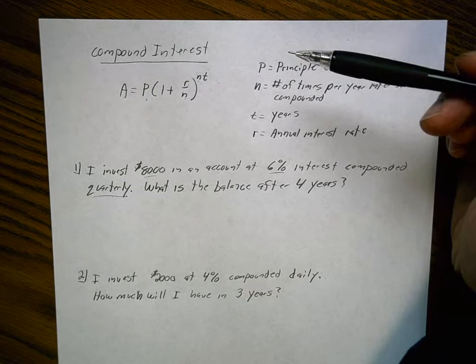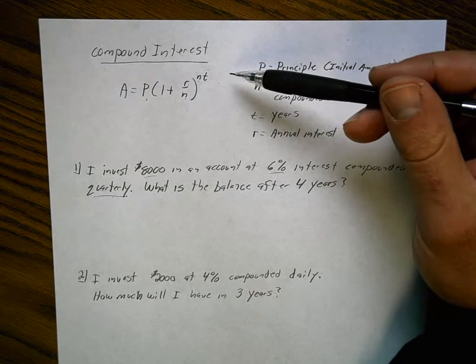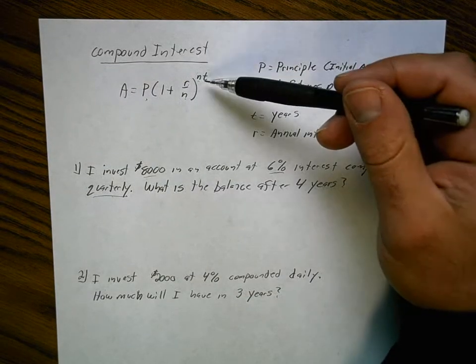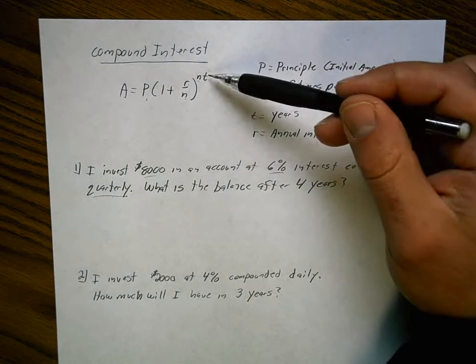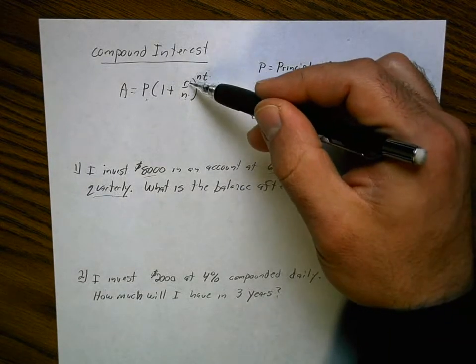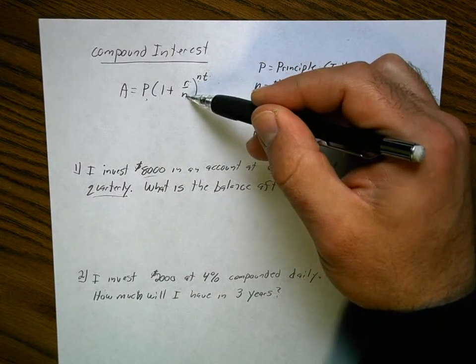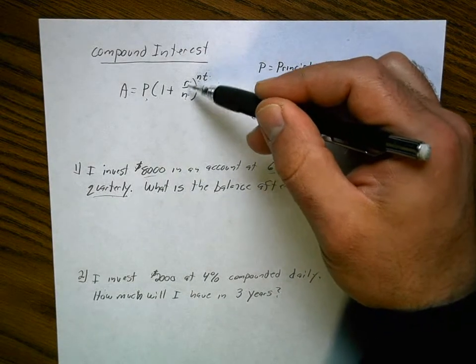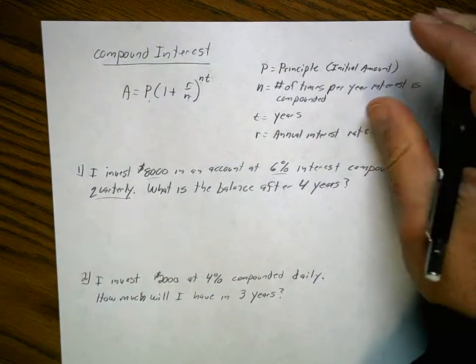If I put money in the bank for 10 years and it's compounded quarterly, there will be 40 times that the interest is compounded. And the rate divided by the 4 for quarterly would tell me the rate per quarter.